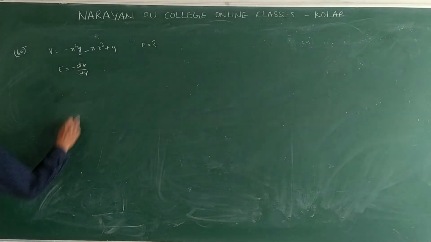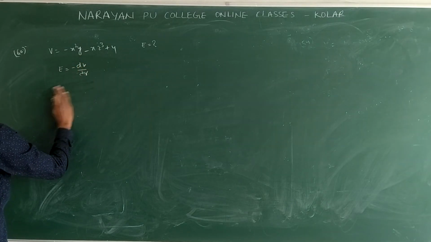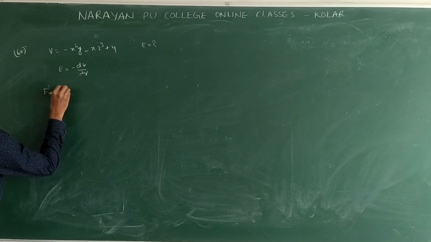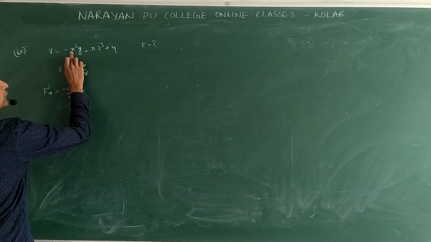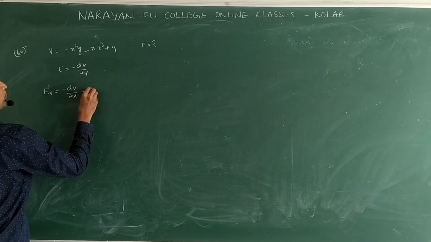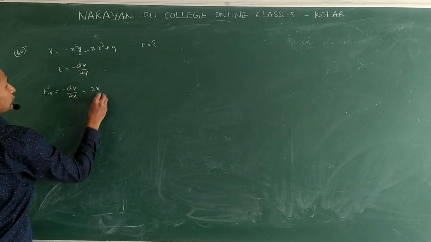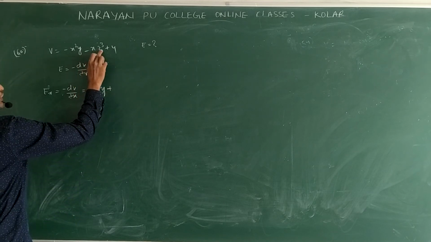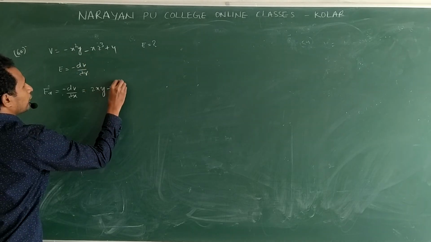Clear? Now first do with x, then y, then z. So let us say the field along x will be Ex is equal to minus dV by dx. If you differentiate with x, minus of minus is plus, x square differentiation gives 2x y, minus of minus plus x into z cube, x differentiation 1, so z cube.